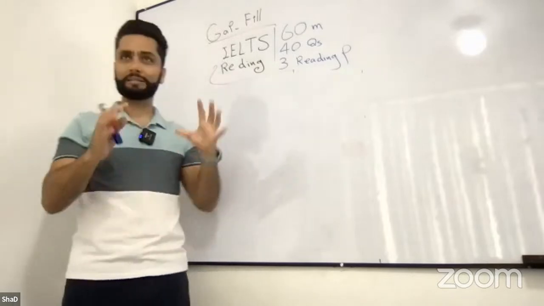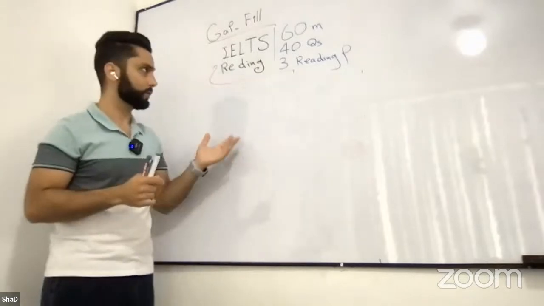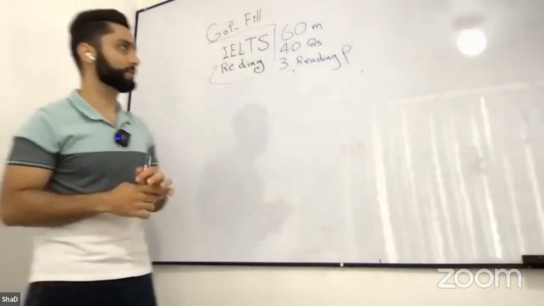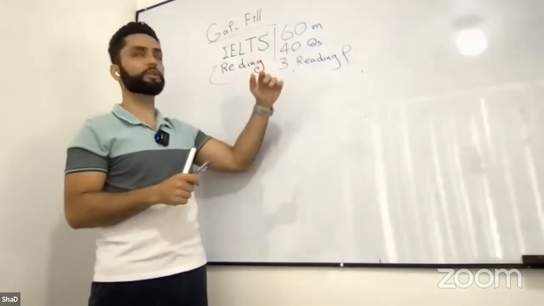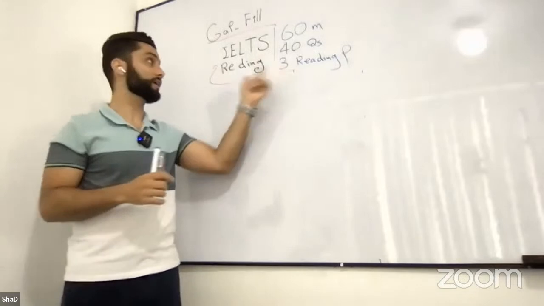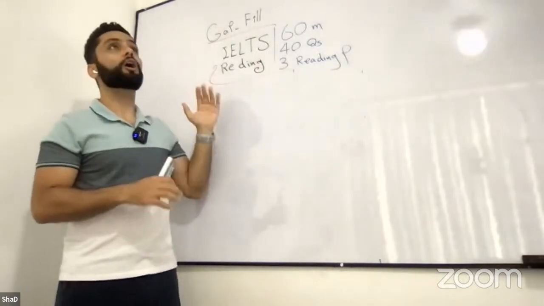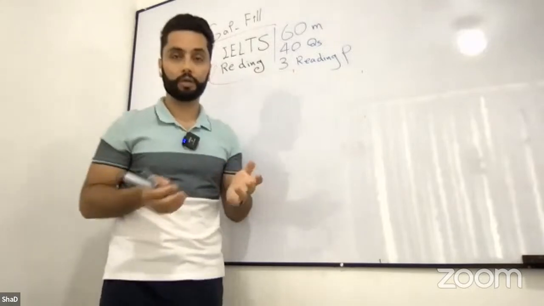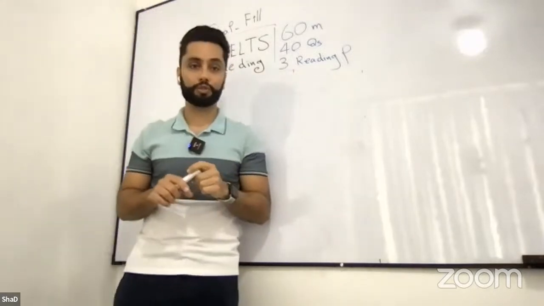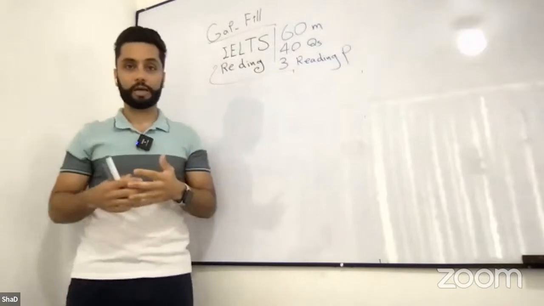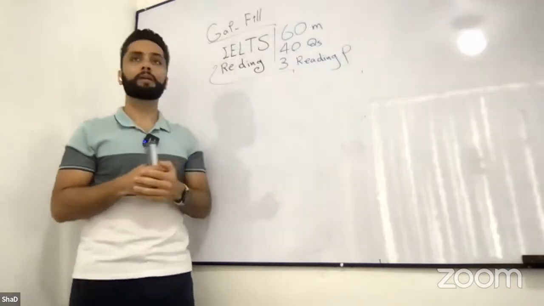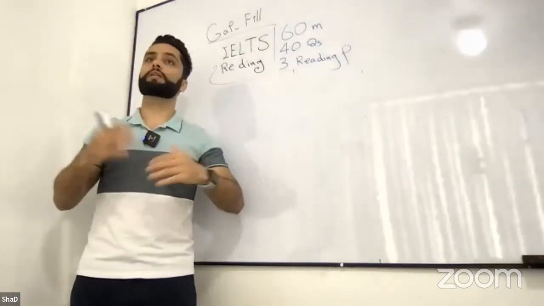Okay, now that's just to give you an idea what the IELTS reading test is about. So 60 minutes, 40 questions, 3 reading passages in the case of IELTS academic. And then there are a number of question types. Okay, so this is also important to know. Let's say we have 7, 8, 9 different question types.